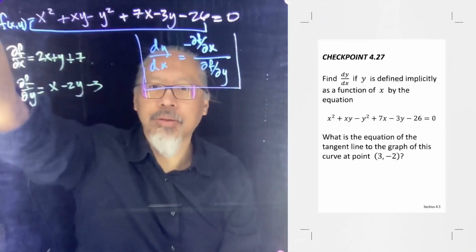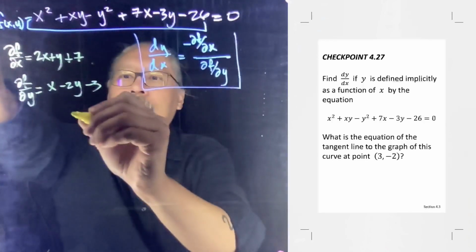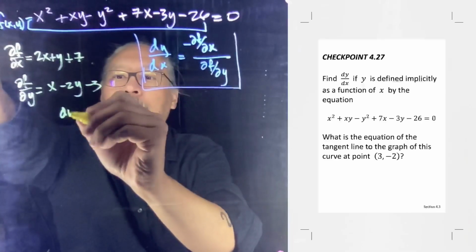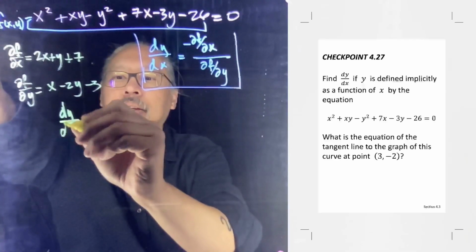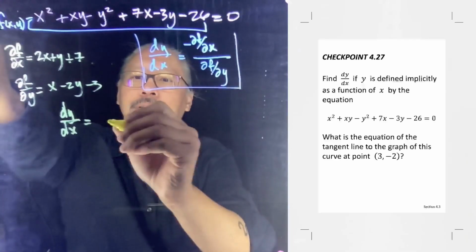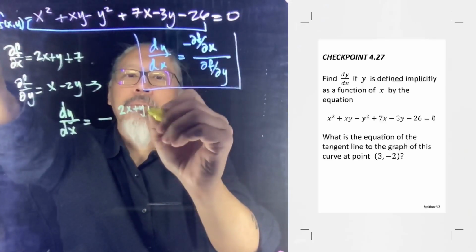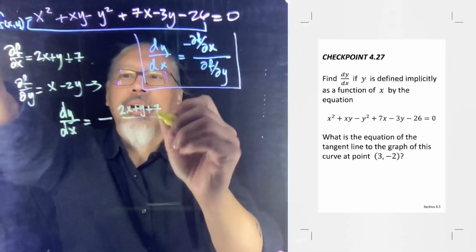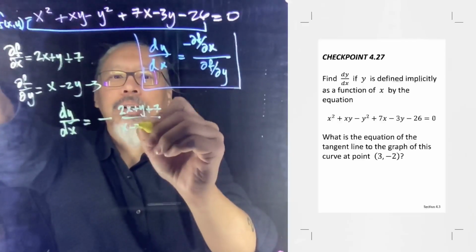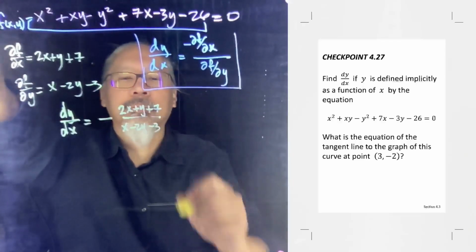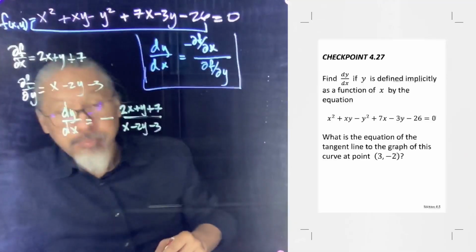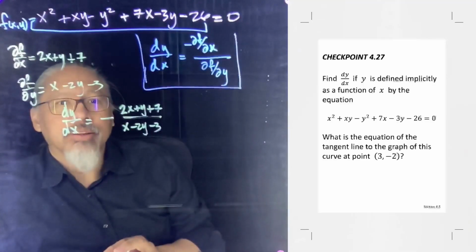So if we wanted to find dy/dx, it's going to be the negative of 2x plus y plus 7 divided by x minus 2y minus 3. Okay, so that's the derivative.